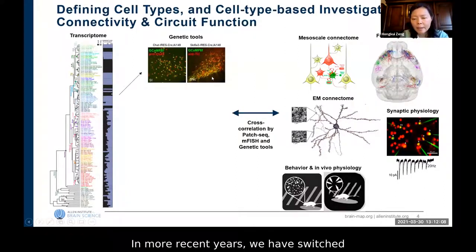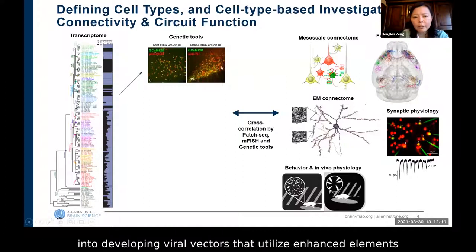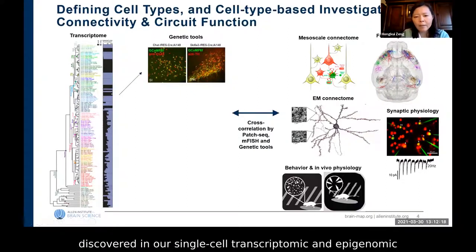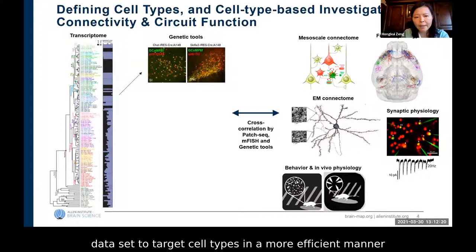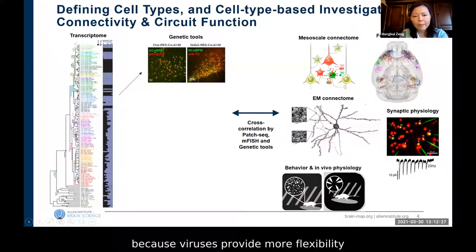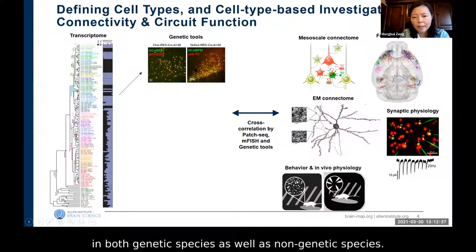In more recent years, we have switched into developing viral vectors that utilize enhancer elements discovered in our single-cell transcriptomic and epigenomic datasets to target cell types in a more efficient manner, because viruses provide more flexibility and versatility in labeling different cells in both genetic species as well as non-genetic species.